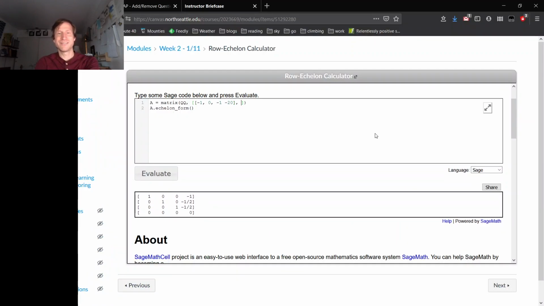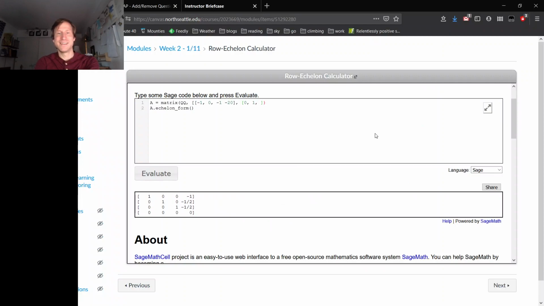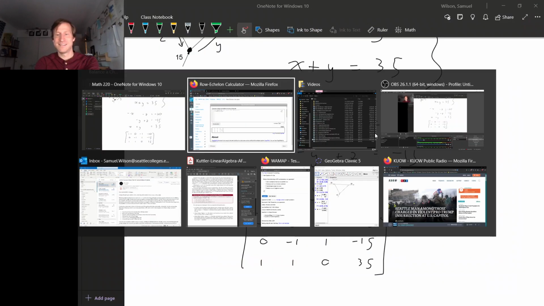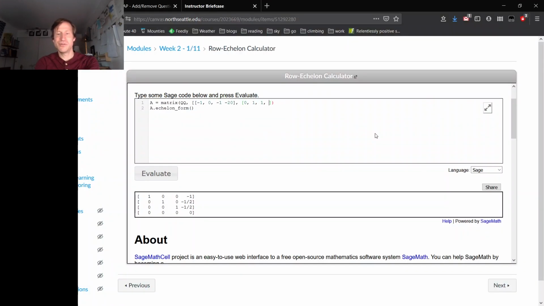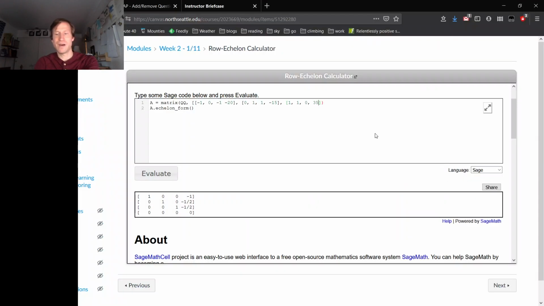But just because I feel like it, I'm going to let the computer do the work here. So minus 15, and then 1, 1, 0, and 35. Okay, I hope I didn't make any typos. Oh, I did. I missed a comma right here.